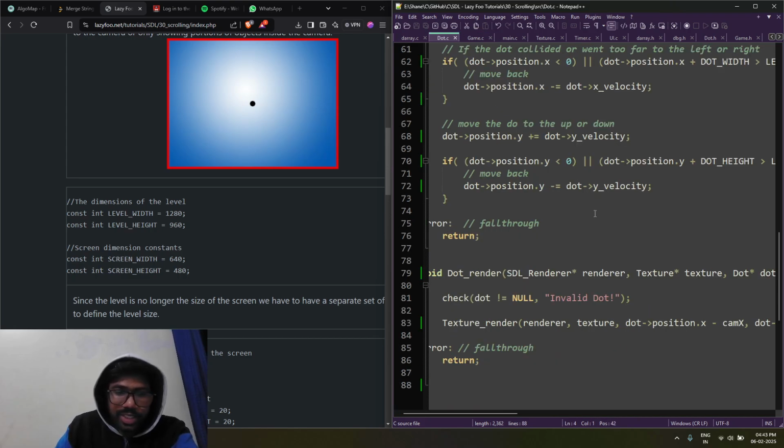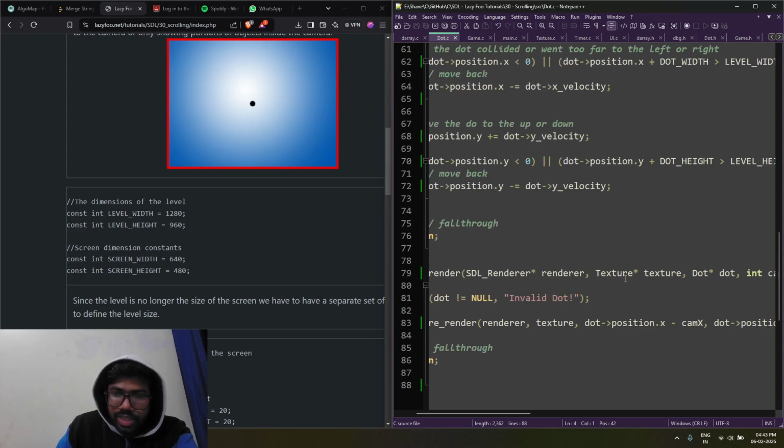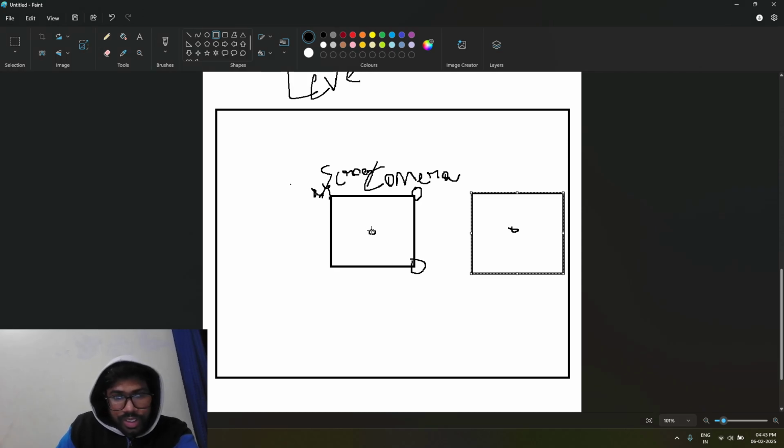And here we have dot position minus this.